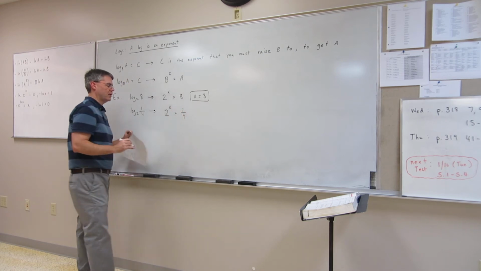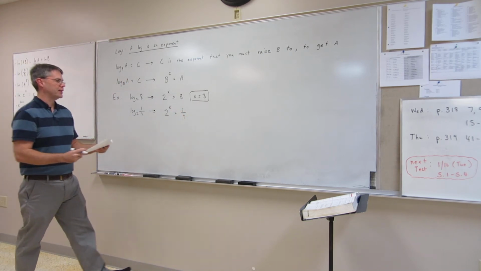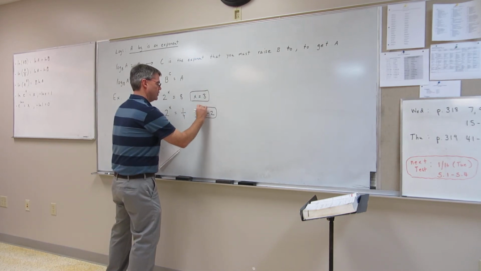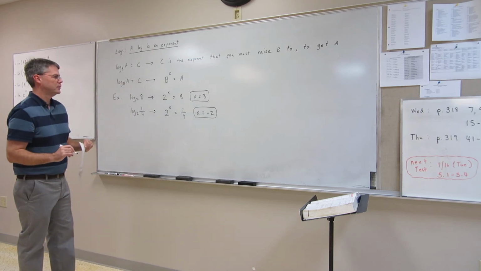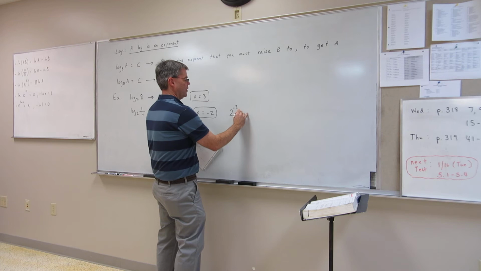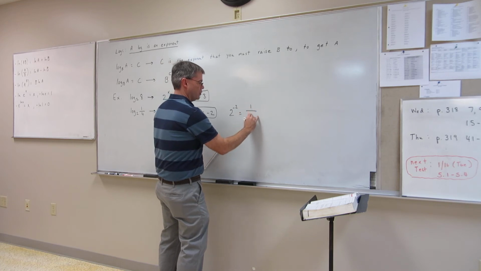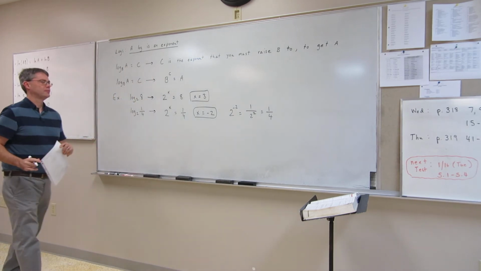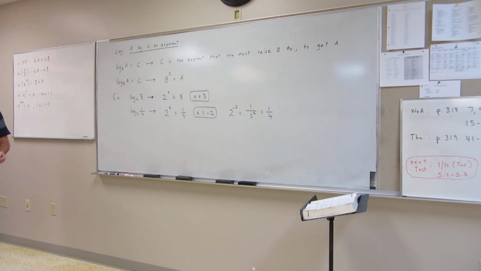So x would be negative 2. Just in case you've forgotten, 2 to the negative 2 would be 1 over 2 squared, which is 1/4.